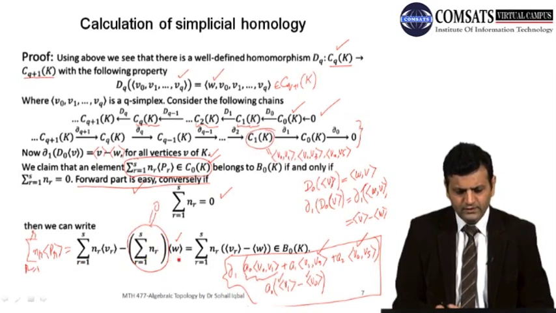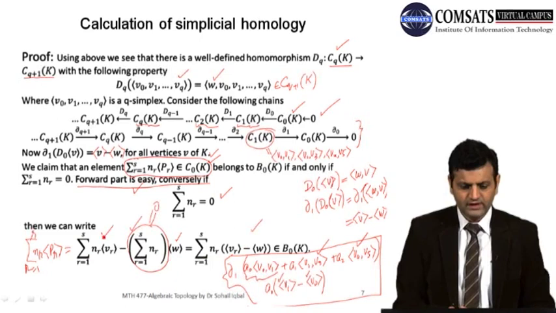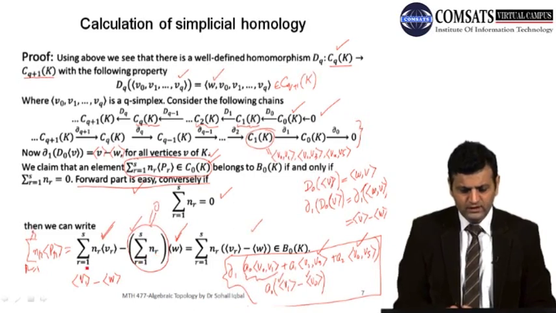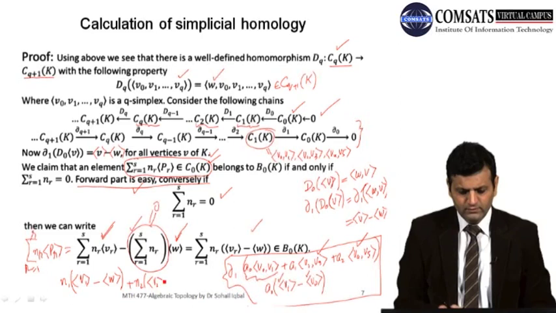Now this expression can be written in the following form. Take the first element from this expression and the first element from this expression, so we get v1 minus w, and the coefficient of w is n1 and the coefficient of v1 is n1, so we get n1 times v1 minus w. Similarly, I can do it for the second term as well, plus n2 times v2 minus w.